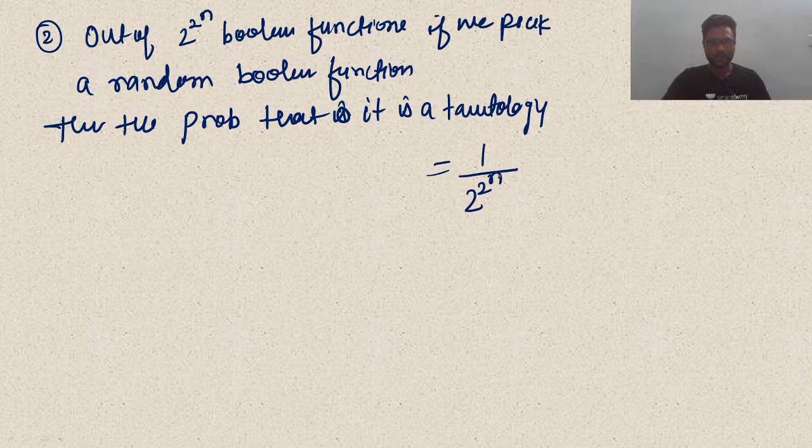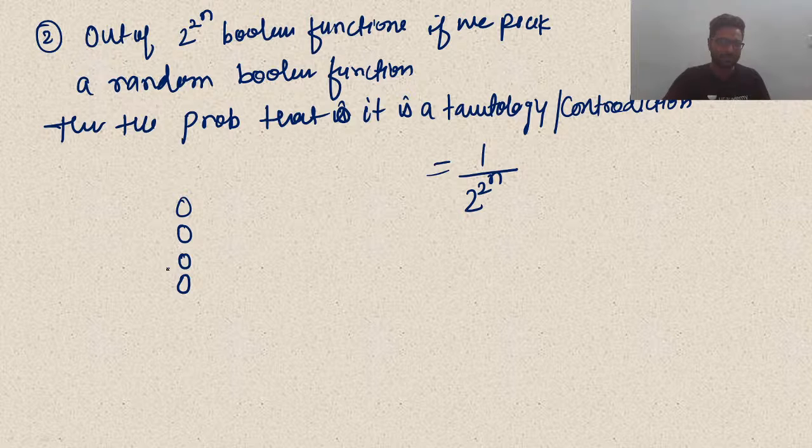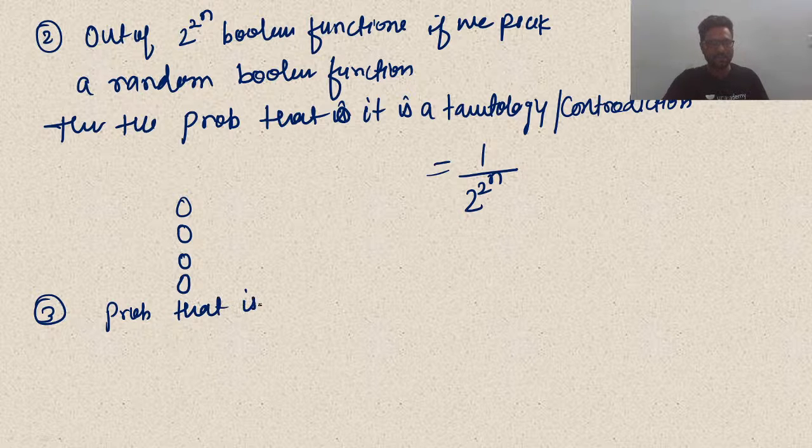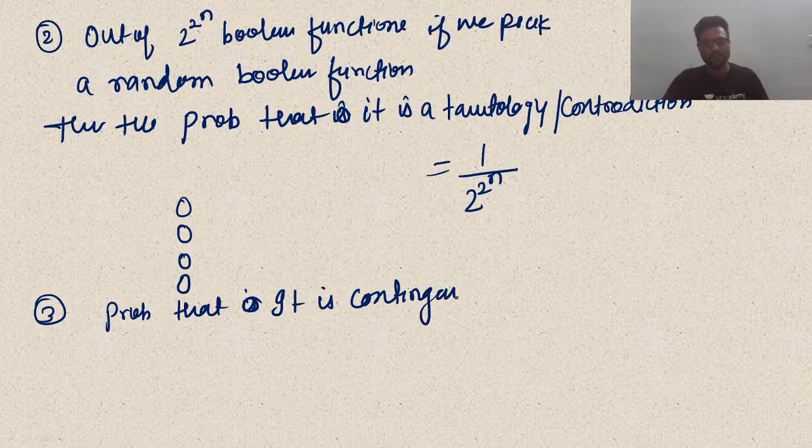If it is for contradiction, then this will be the same. Only one function is there in which all values are zeros or false. Third one, what is the probability that it is a contingency? One function will be a tautology, one will be a contradiction, and all the remaining will be contingency.